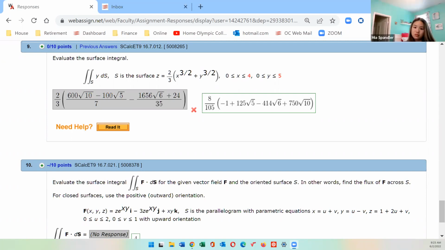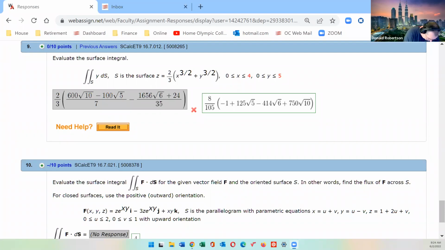Mm-hmm. So if I pull that out, they're making this switch places, I guess, which is a -1. That becomes -414√6. Both of those are there. That's a good sign. And then I have got the other two guys. Now that's 750√10.